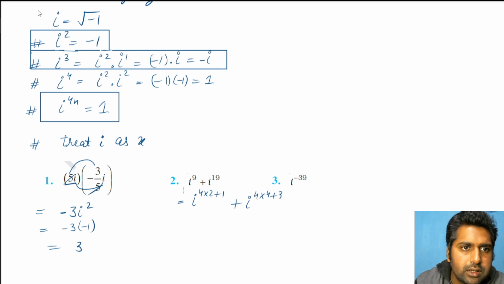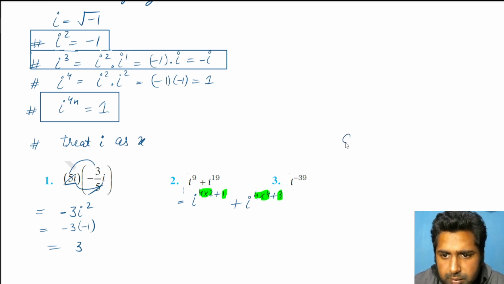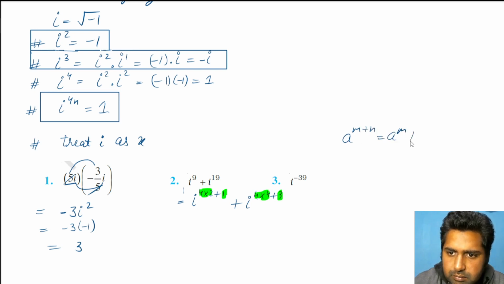Now use the exponents rule that whenever power gets added, you can break it down into multiplication also. I'm using the reverse property of exponents. What is the property? A raised to power m plus n is a raised to power m into a raised to power n. Whenever the base is the same, the powers get added in multiplication.